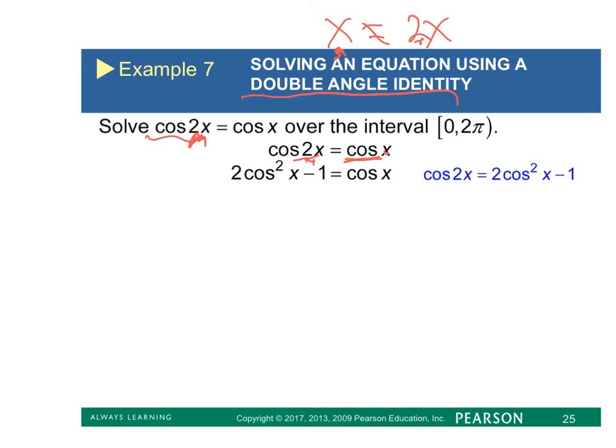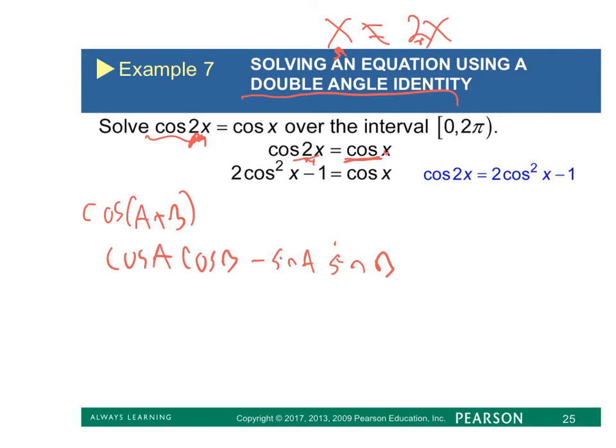The first one that we figured out, remember when we did cosine of A plus B was cosine A times cosine B minus sine of A sine of B. And then that's cosine squared. No, it's not because it's not the same.